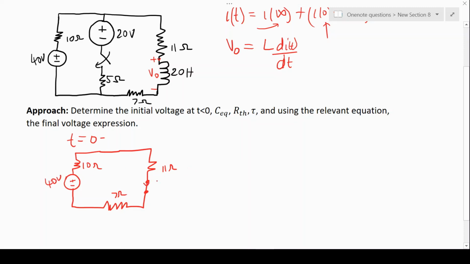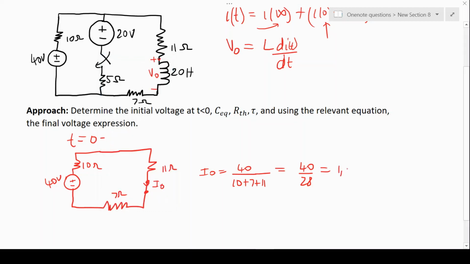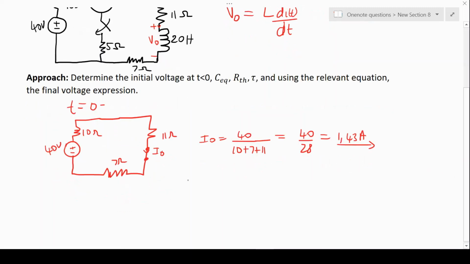And the current I0 must give us the total voltage, which is 40, over the sum of the resistances, which is 10 plus 7 plus 11, which is going to give me 40 over 28, which is 1.43. Right, and that's the initial current.